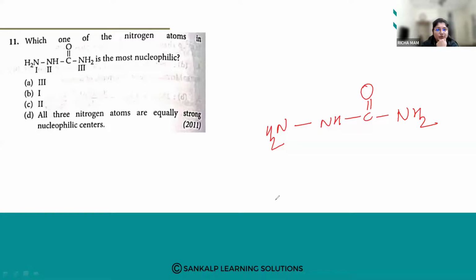So which is the most nucleophilic here? They have asked first one, second one, or third one. Yes, try. Option B. Okay, Hima answered option B, first one.